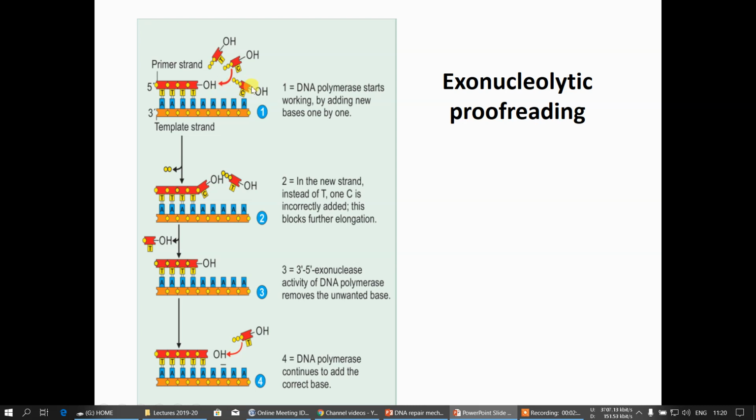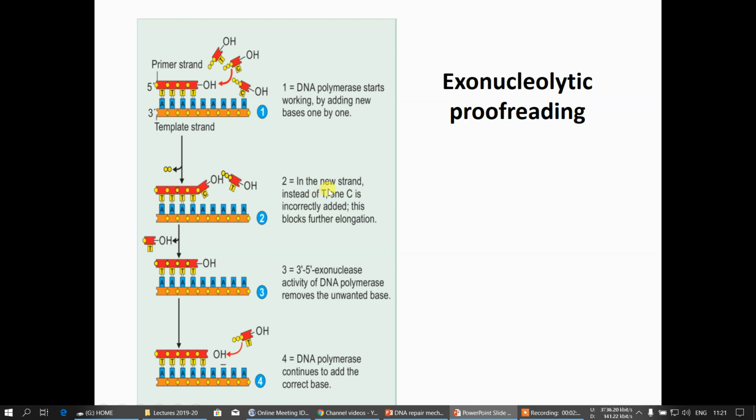The DNA polymerase moves backwards in the 3' to 5' direction to perform the proofreading activity, checking whether a complementary base or a mismatched base pair has been added. So first, DNA polymerase starts working by adding new bases one by one in replication.